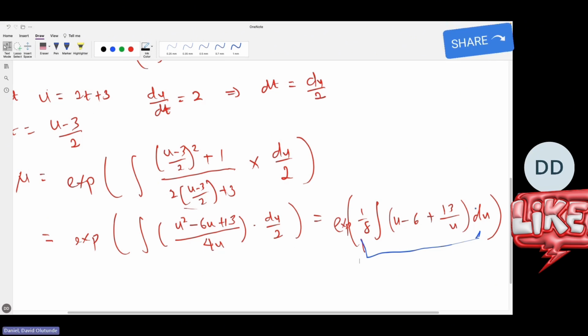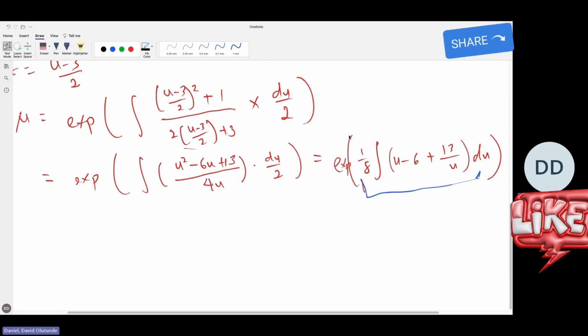Then u squared over 4u gives u over 4, and u over 4 multiplied by 1/2 is u over 8. Do you follow that? Yes, so that's how it is done. Our final answer, when you integrate this, will be exponential.